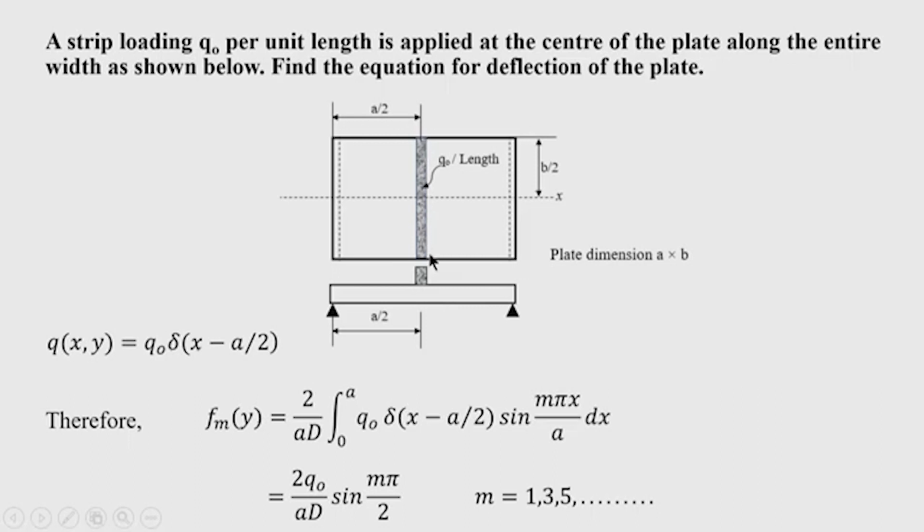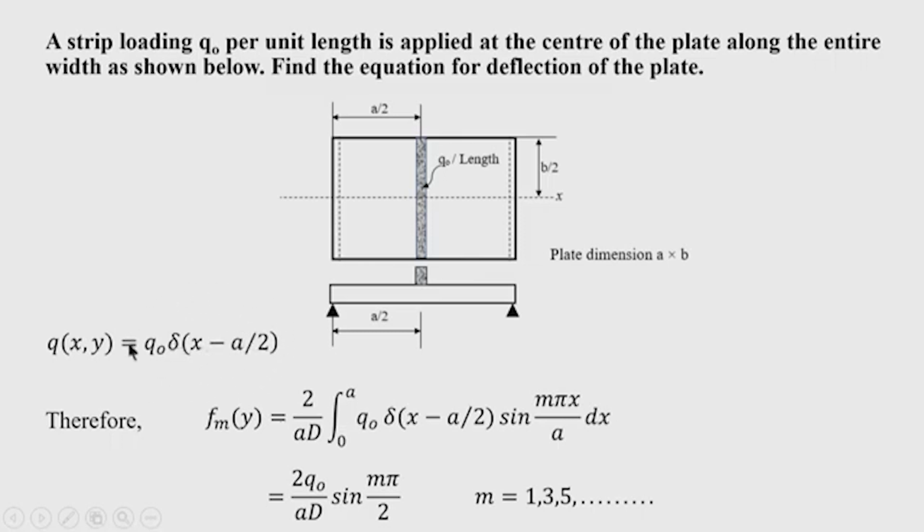So, I can represent this loading with the help of the Dirac delta function, because this is a line loading, and it is only meaningful when x is equal to a by 2. At other points there is no line loading.